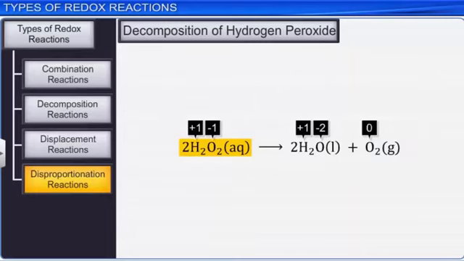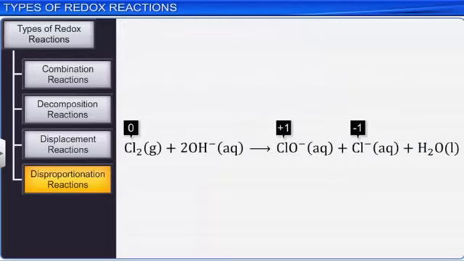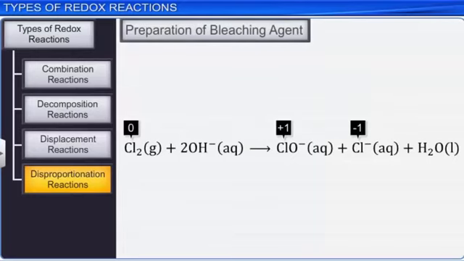Here, oxygen has a -1 oxidation number in hydrogen peroxide. It gains electrons and decreases to -2 in water, and loses electrons and increases to 0 in O2. Here is a disproportionation reaction that illustrates the preparation of household bleaching agents.